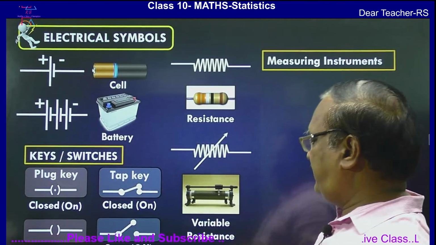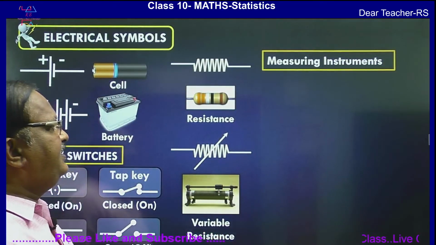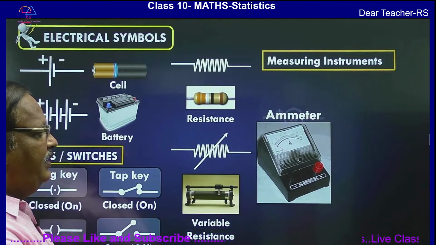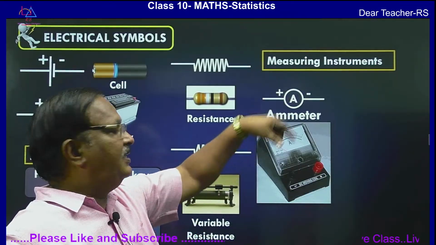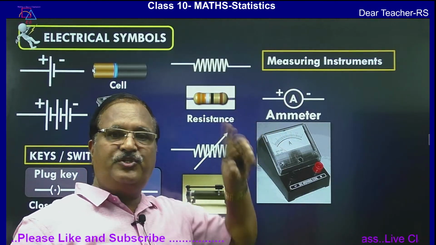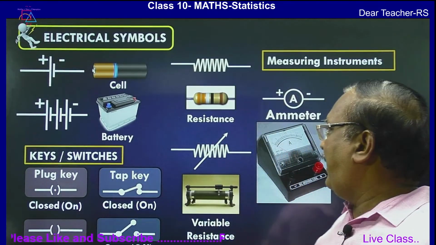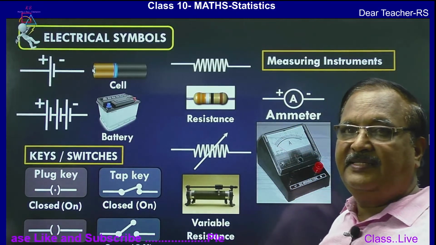How are these measuring instruments represented? Can you recall what the measuring instruments in electricity are? Ammeter is one, and this is how it is to be represented, a circle with A in it. So a plus symbol and minus symbol should be there, because for voltmeter and ammeter you should indicate plus and minus symbols.